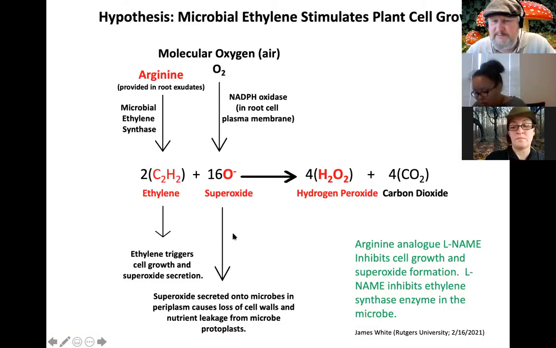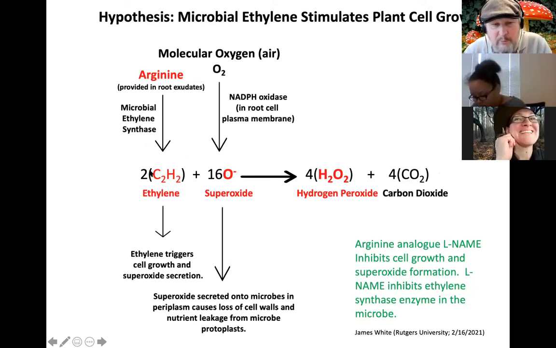And we've developed this chemical equation to explain that. I just want to go into this briefly because it's exciting to us. What's happening is these microbes are using an enzyme inside the microbe called microbial ethylene synthase. That enzyme takes arginine, and it turns out that plants are providing the arginine in their exudates.